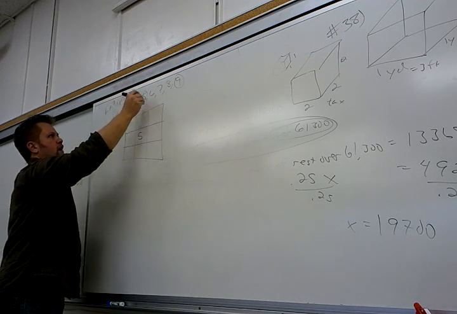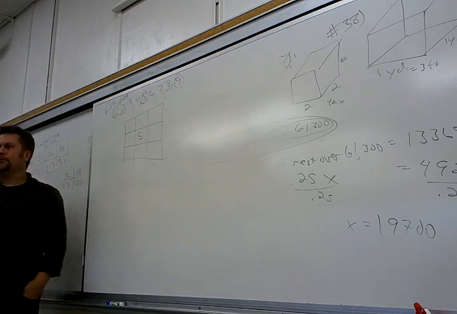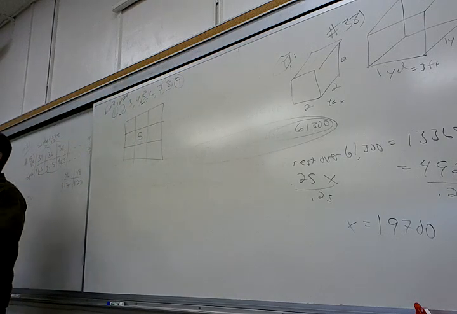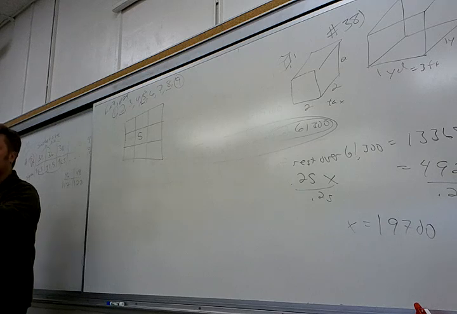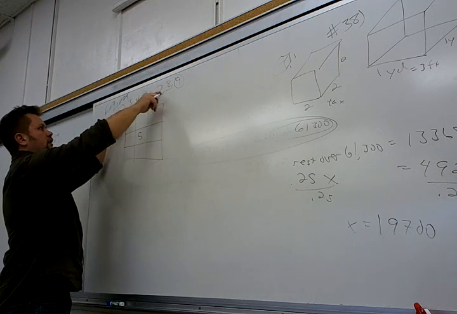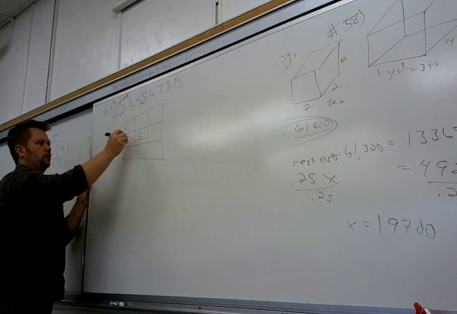What's 2 plus 5 plus 8? It's got to be 15. Because if I make one number go up and another number go down, it's the same sum, right? That's the idea. So 15 is the sum that can repeat because you can make 15 in a lot of different ways. So one way to do it is like that.